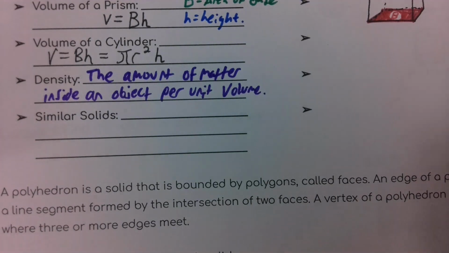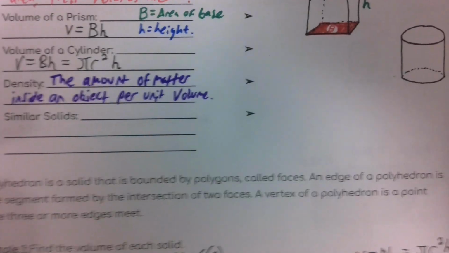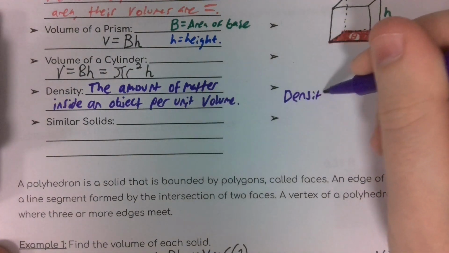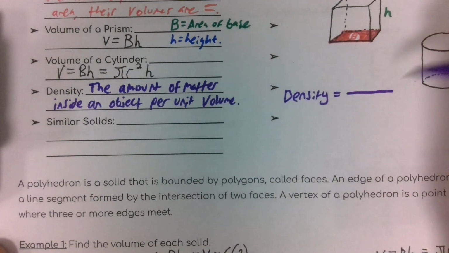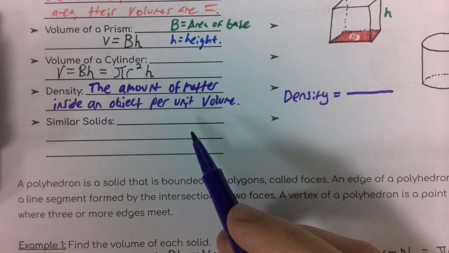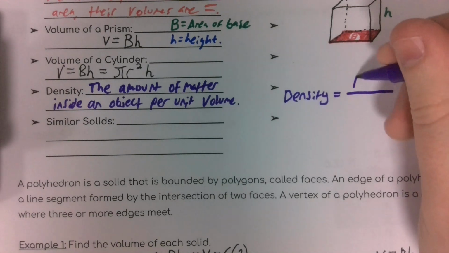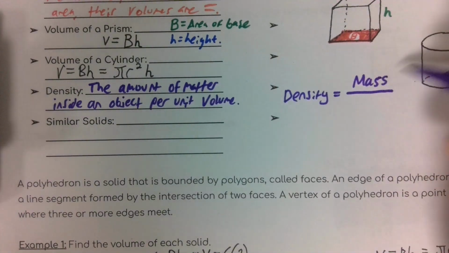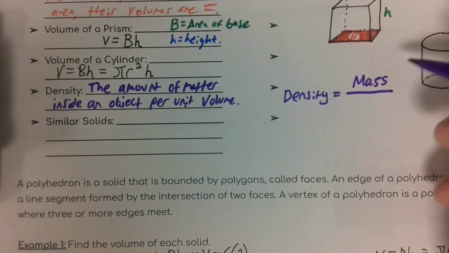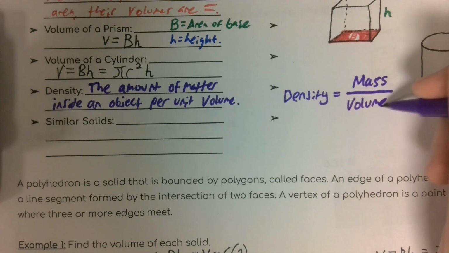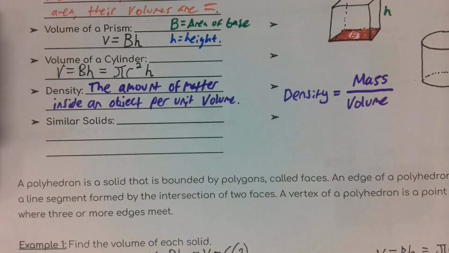What this means is we can actually write a formula here for density that we can use in math problems. Since the density is defined as matter per volume, we can literally write it as something's mass, which is usually going to be written in grams, that's the standard measure of mass, divided by its volume. More on this in a little bit.